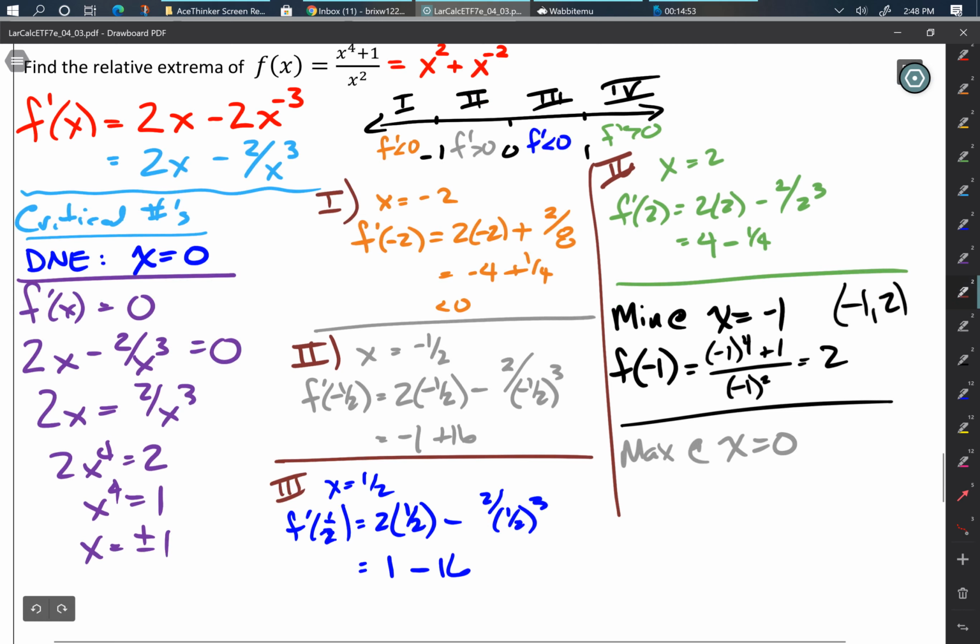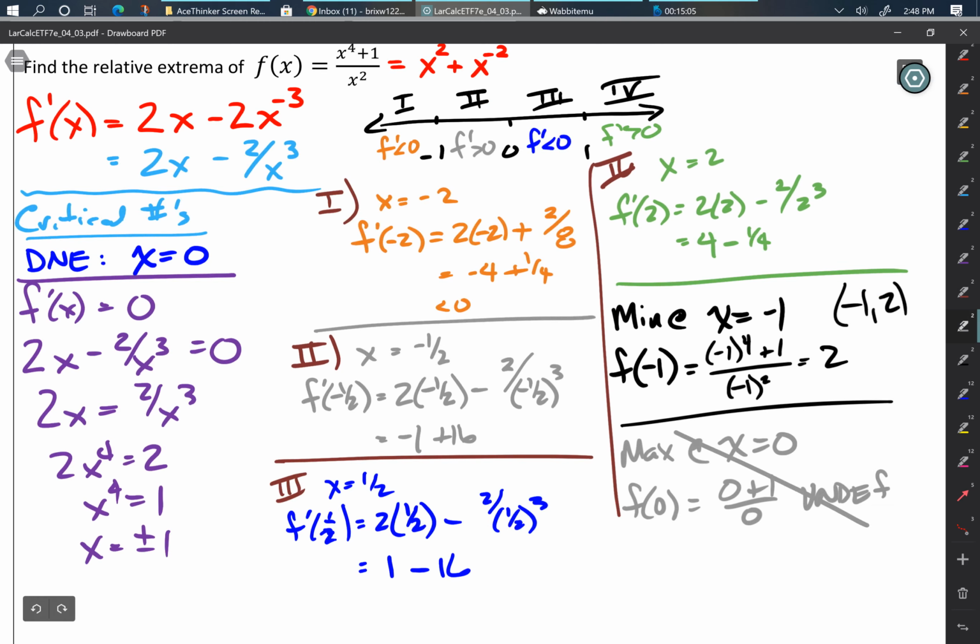Because if you attempt to evaluate f of 0, you get this. It's undefined, right? Because the rule says you've got a max if it goes up and then down, but only if that critical number is in the domain of the original function, and this is not in the domain of the original function. So we do not have a maximum there.